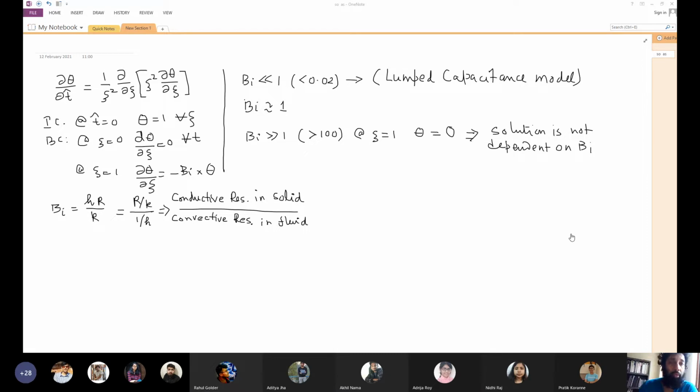I'm just trying to see if you remember that. How do you solve this equation?